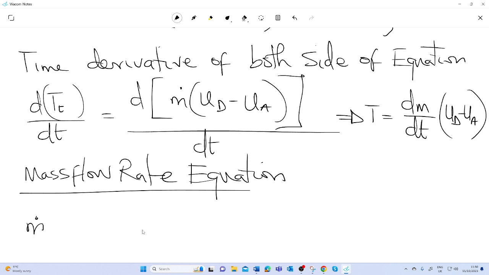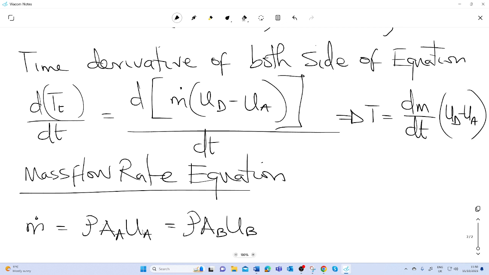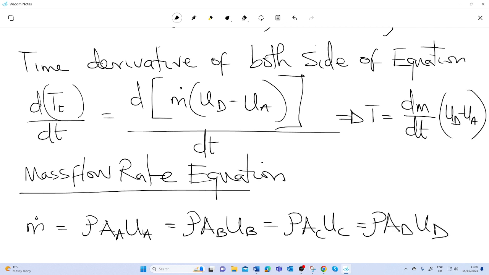And let us not forget m dot equals rho A UA equals rho AB UB equals rho AC UC equals rho AD UD.